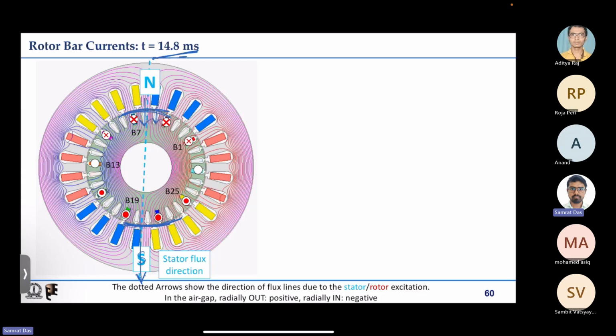That is how we have decided on the south pole and north pole, based on the flux line direction. Okay.